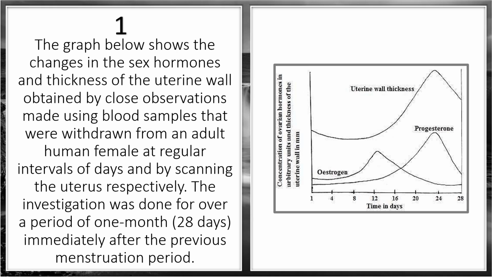The graph below shows the changes in the sex hormones and the thickness of the uterine wall, obtained by close observation made by using blood samples withdrawn from an adult human female at regular intervals of days, and by scanning the uterus respectively.